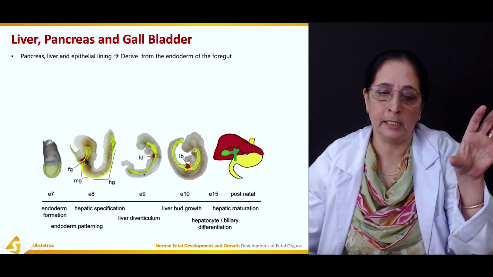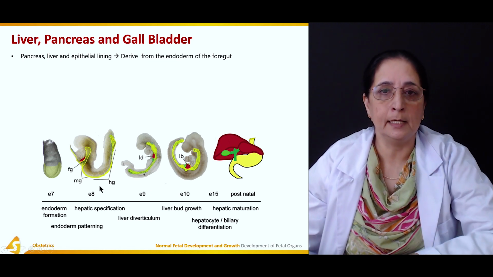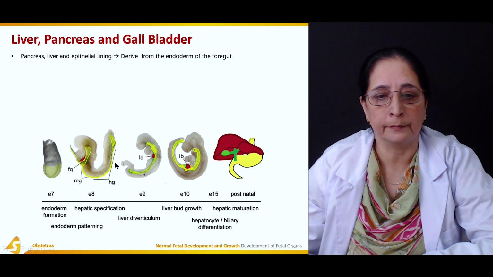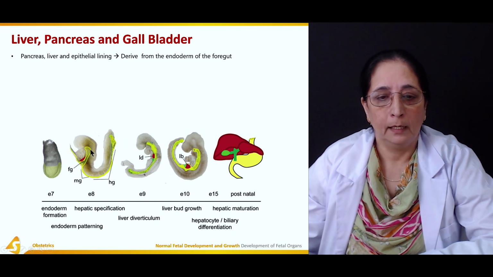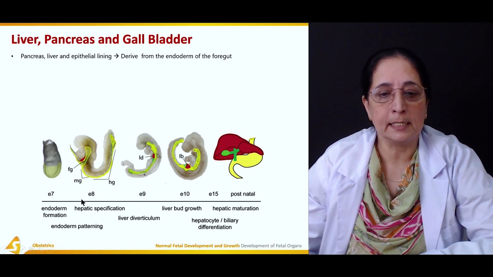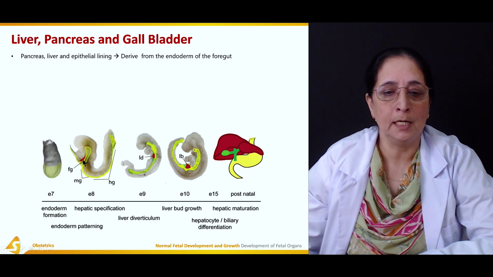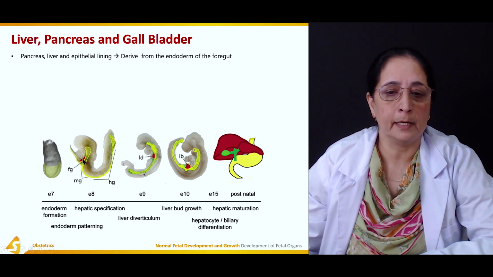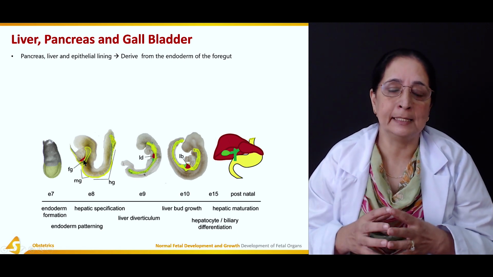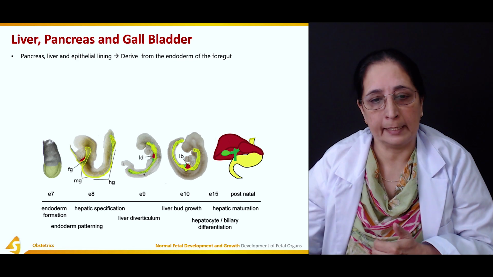Foregut, the front of the gut, middle, and then the hindgut or the back of the gut. Here, this is hepatic specification. If you see, this small part is the hepatic specification developed in this 8th level of pregnancy.